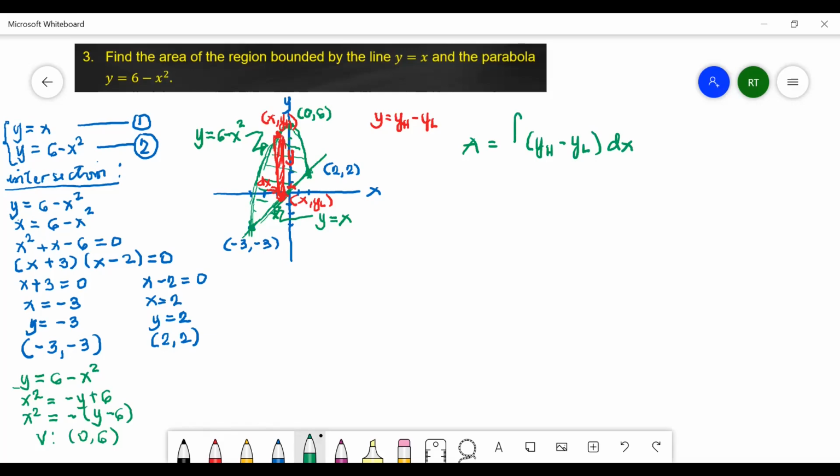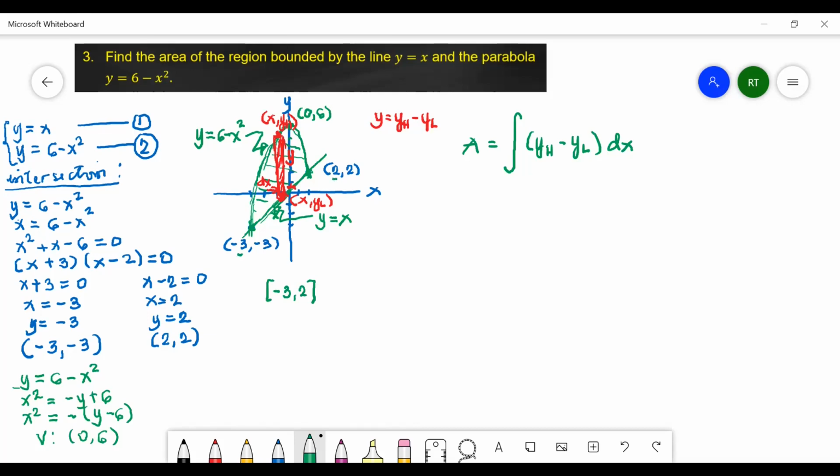And if we are going to evaluate the integral within the closed interval from negative 3 to positive 2, take note that the variable of integration is x. Therefore, the interval must be from negative 3 to positive 2, x is equal to negative 3 and x is equal to positive 2.